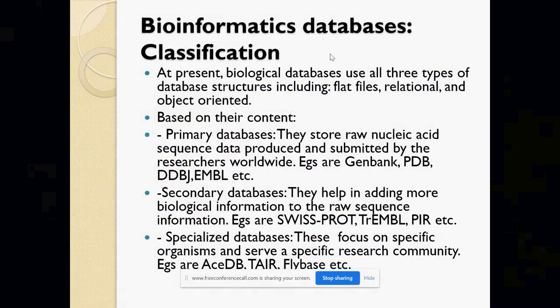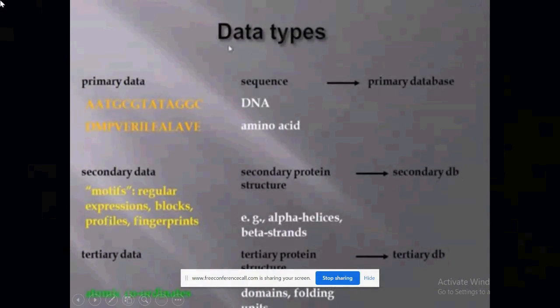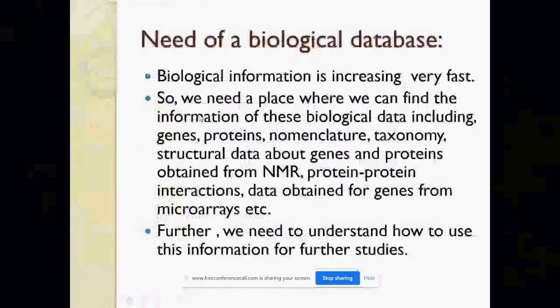They store raw nucleic acid sequence data, basically the ACTG nucleic acid bases. Here you can see in the figure, this is primary data, AATC. In the form of this sequence it will be present in primary databases.